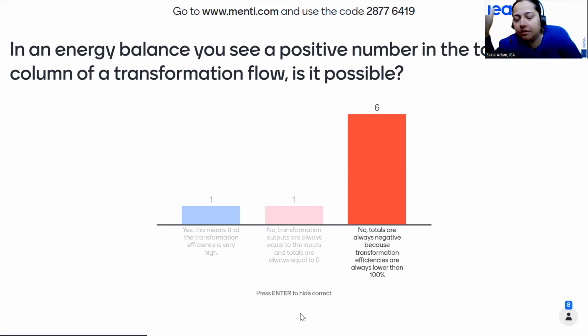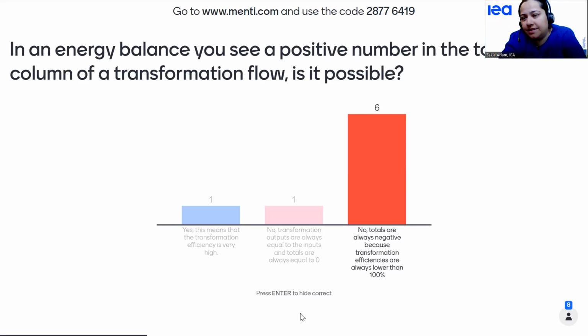You can't create way more energy, and you cannot have a 110% efficiency. But normally you put in 100, you get 95 kTOE of oil products.